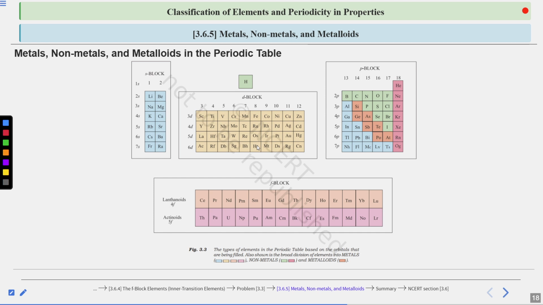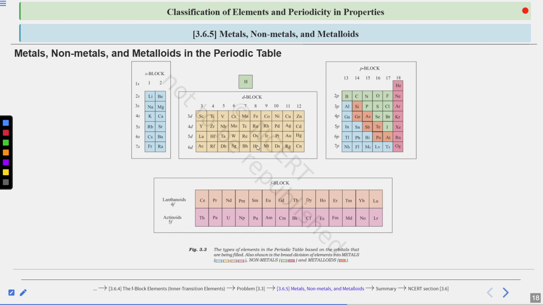Now keeping this color code in your mind, get back to the periodic representation. You can see the whole s block has been painted blue. That means they are metals. Similarly, in the middle part, the d block elements are also inside the metals bracket. And the lanthanoid and actinoid color codes are also in the metal color code.